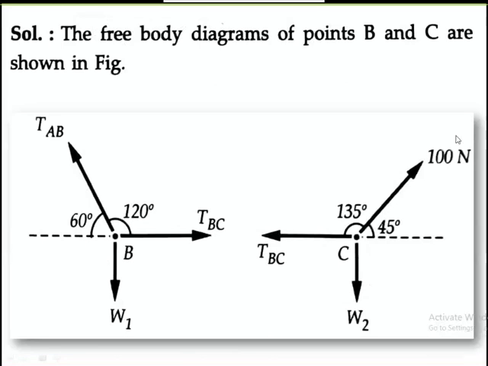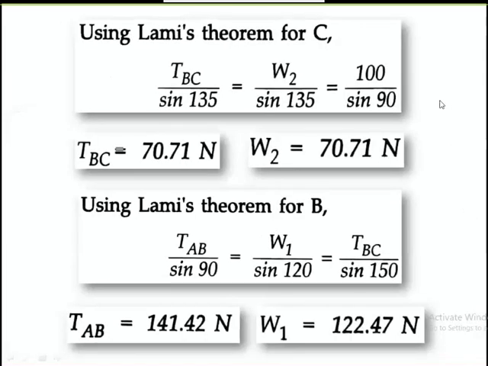It is TBC divided by sine of 90 plus 45, that is equal to W2 divided by sine 135, that is equal to 100 divided by sine 90, because the weight is 100. If we equate these, we will get the value of TBC and also the value of W2.